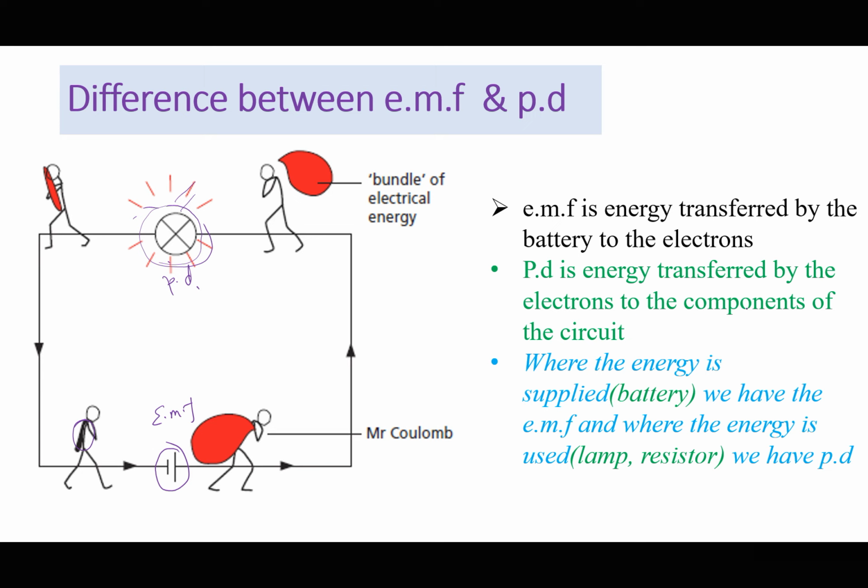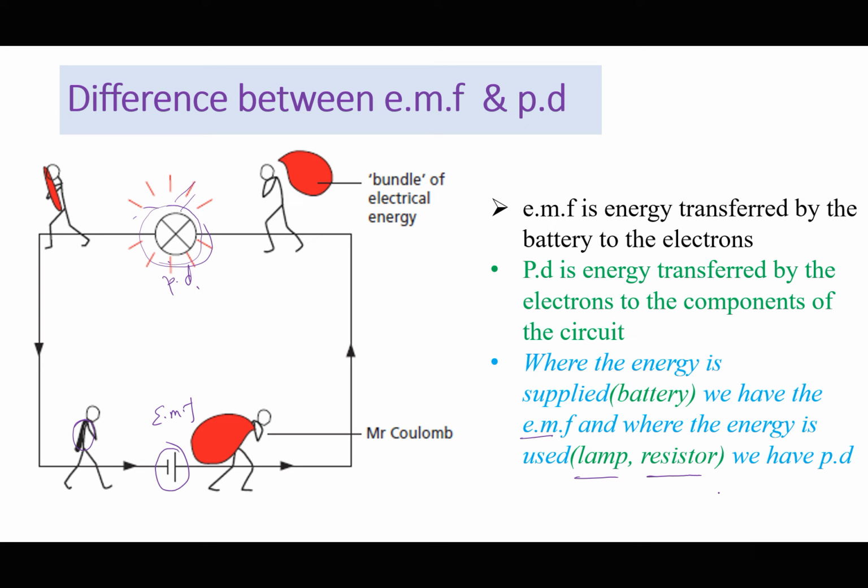So both of them are involving energy transfer, but EMF is transferred by the power supply to the charges. Yet PD is transferred by the charges to the components in the circuit. Where the energy is supplied, that is the battery, we have the EMF, and where the energy is used up, the lamps, the resistors, the heaters that we shall be talking about, we have the PD.